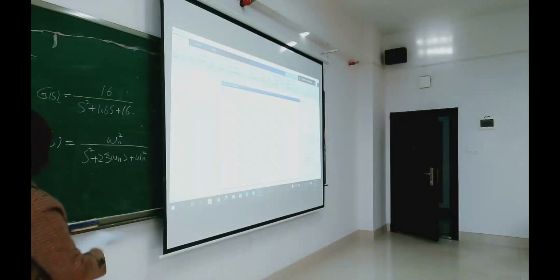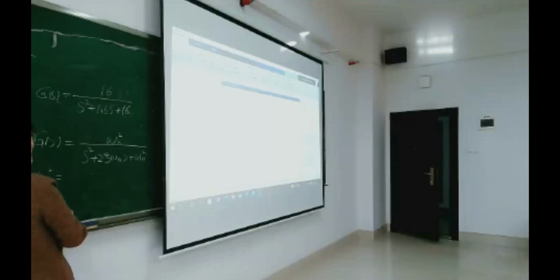Okay. Here we have a closed loop transfer function for this. Then compare with the general form for a second order system. Remember, s squared plus 2 zeta omega n s plus omega n squared. This is the general form for a second order system. So compare these two, and get for this system, what is omega n squared? 16.